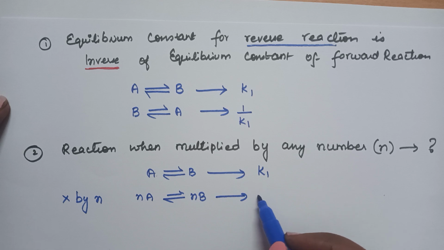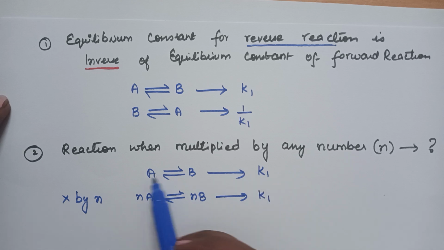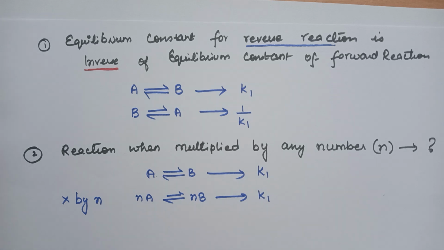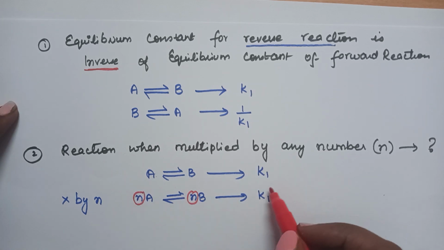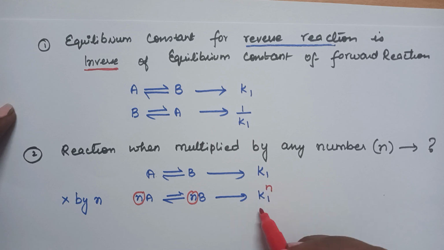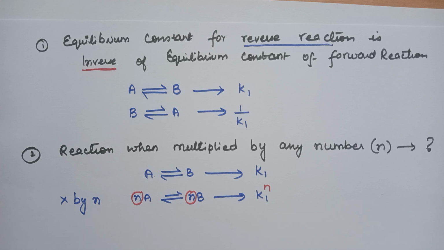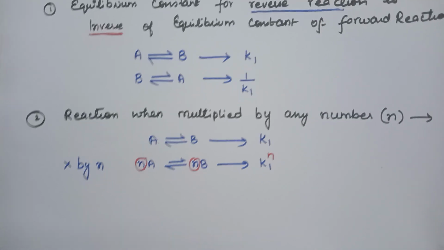For A to B it is K1. When you are multiplying this reaction by n, then to the equilibrium constant you have to write the power. The number you have multiplied should be written here in the form of power. So it becomes K1 to the power of n. So this is the second concept.